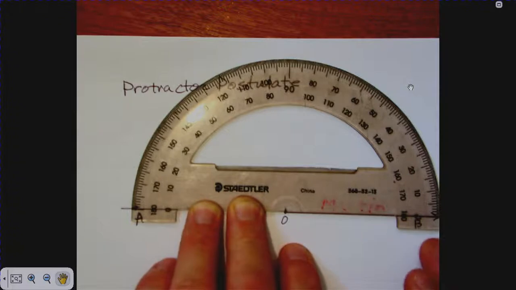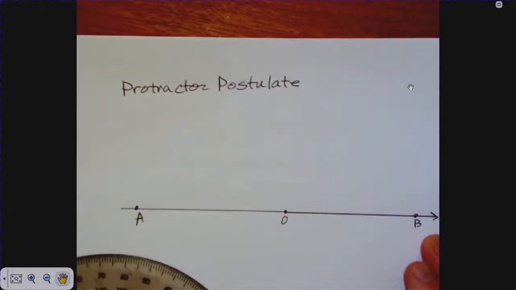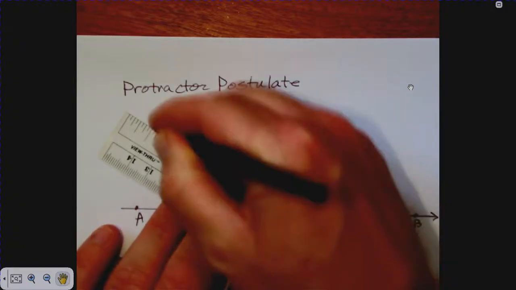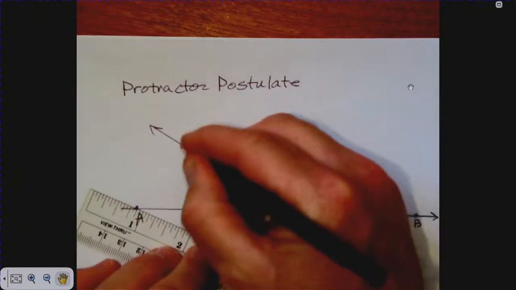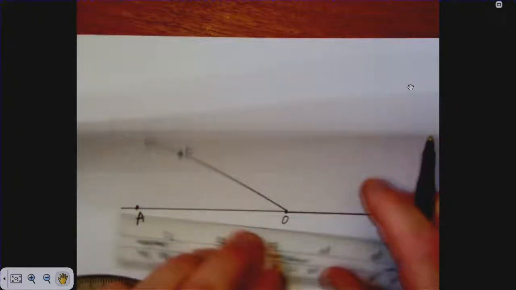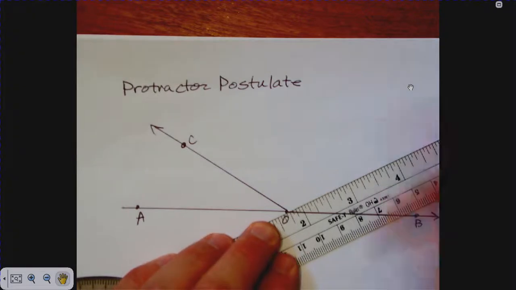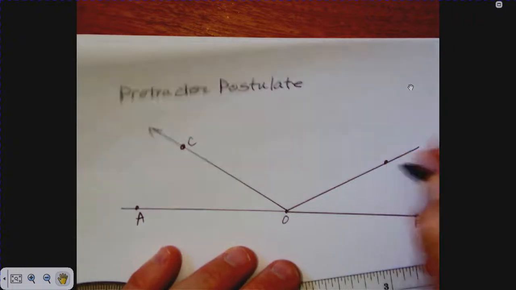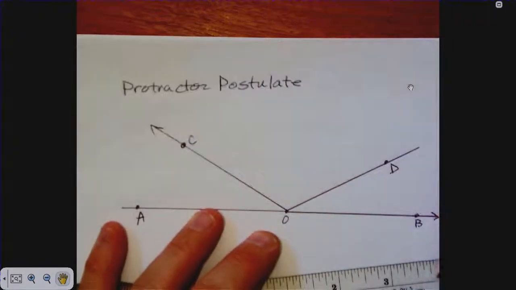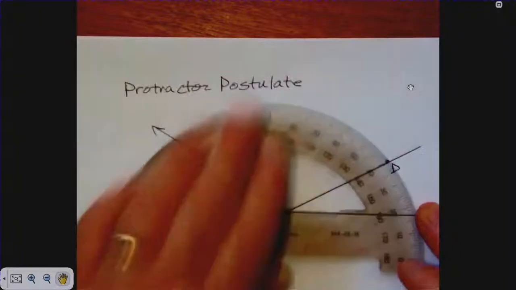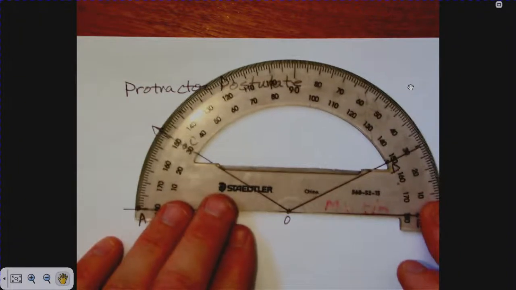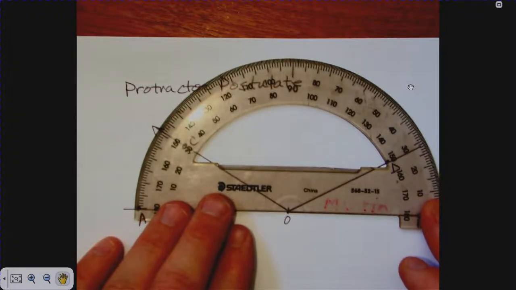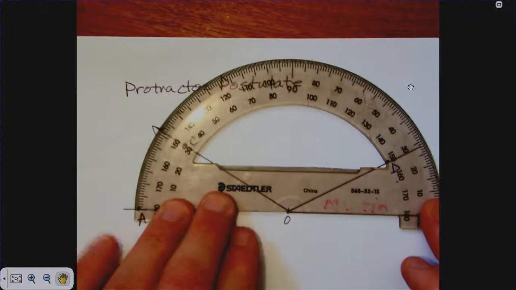Now, the second part of it is that if I put in two other rays here, let's say OC, and let's say another one, again with the common endpoint O, let's call this one D. I can measure with a protractor where these rays are.